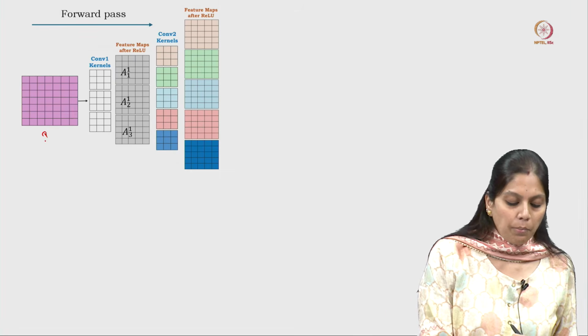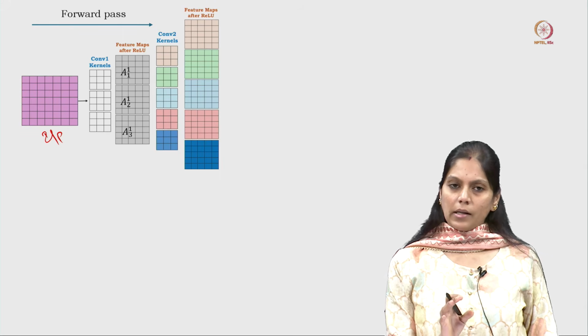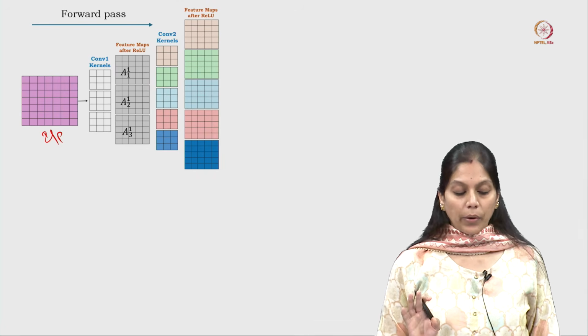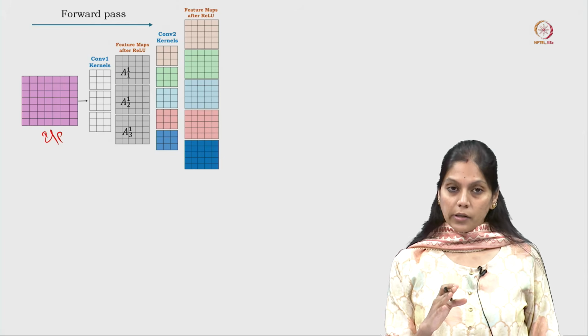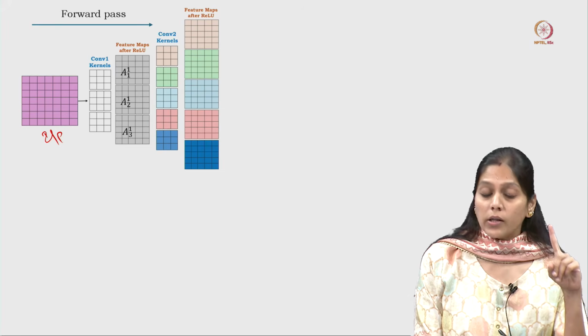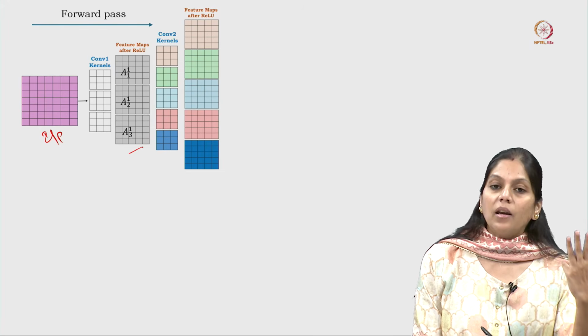This is the input image that we have. Just understand the concept in this example, let us not look into the size. This is just to show you how it works when multiple convolutions are there. When the input is passed to the first convolution, which has 3 kernels, you are going to obtain 3 feature maps.